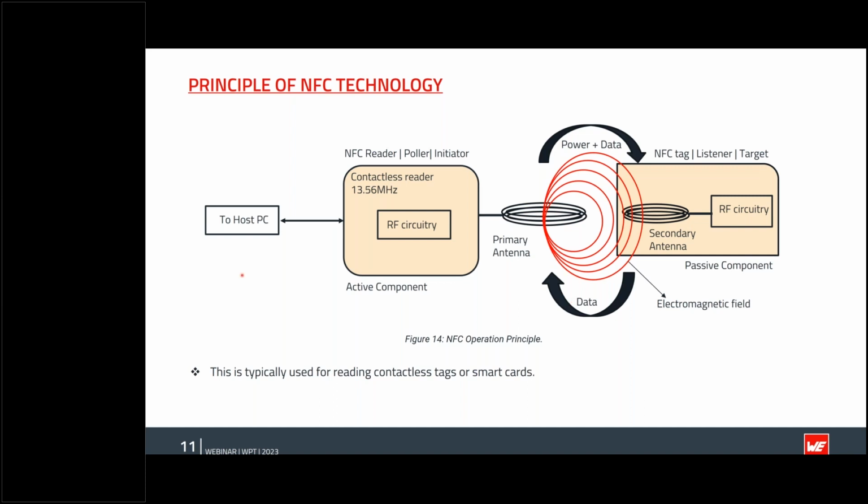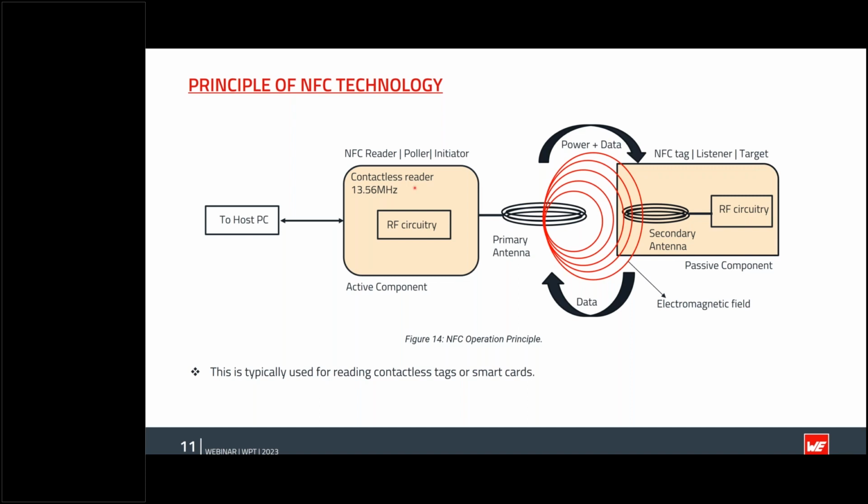In this case, the contactless reader communicates with the passive component, or the NFC tag, by electromagnetic fields, and it also powers up the microchip that is present in the NFC tag, and data communication happens. When you place your card on the contactless reader, it powers up the microchip in the NFC tag and gets whatever information it needs from the tag, and the NFC tag then sends the data through the electromagnetic field to the primary antenna and the contactless reader.